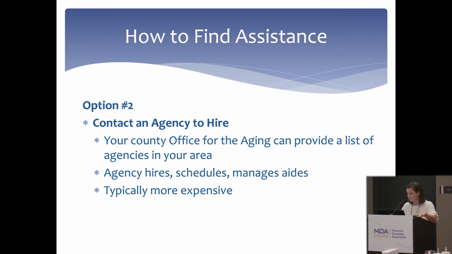Again, the Office of the Aging in your county can provide a list of agencies in your area that you could choose to hire. The benefit of using an agency is that they're going to hire the aides, schedule them, and manage. It's really less of a logistics burden on you.